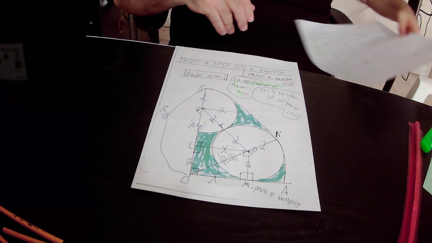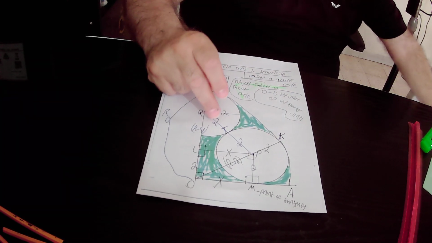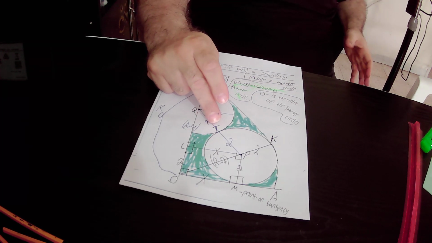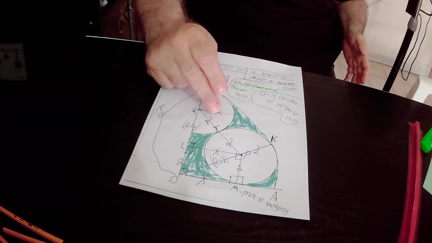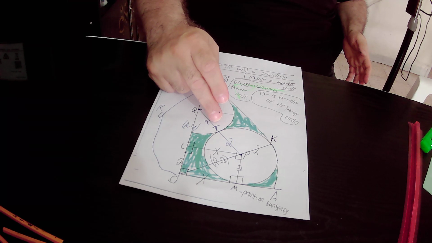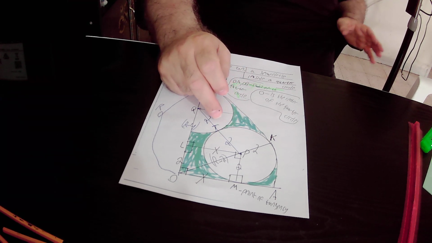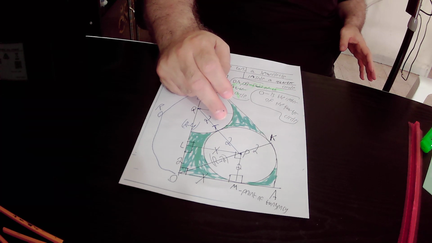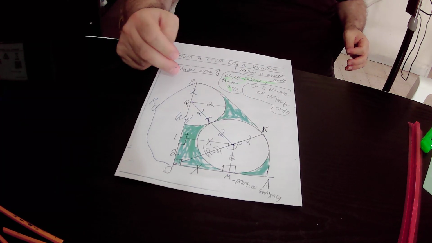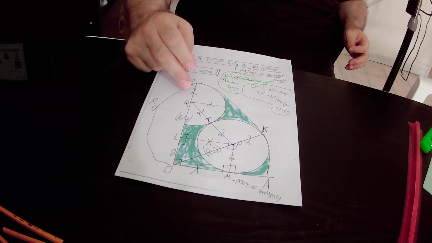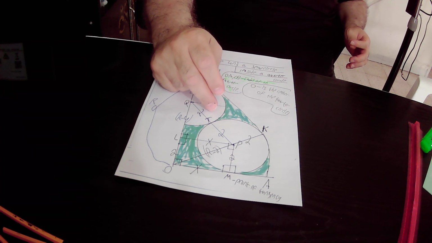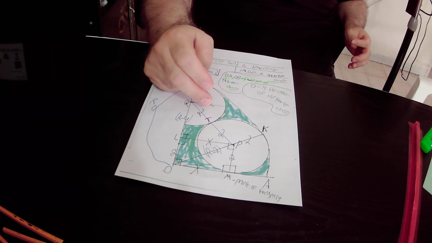Then we focus at this point. This is actually the touching point between the semicircle and the circle. So we define the touching point between the semicircle and the circle as T. At point T, the circle and the semicircle have an external tangency between them.